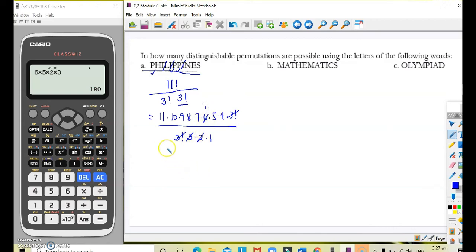So this becomes 1. So we're left with 11 times 10 times 9 times 8 times 7 times 1. So we just have times 5 and times 4. Anyway, when you multiply it with 1, it's the same value. The answer is 1,108,800. Wow, that's a lot of permutations.